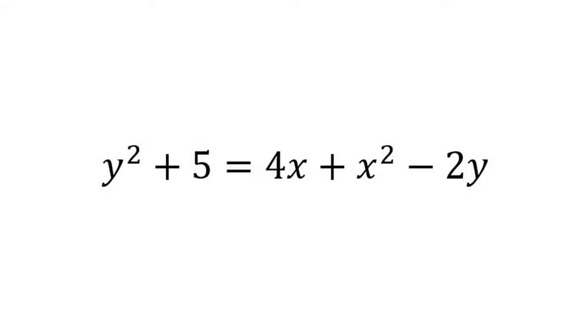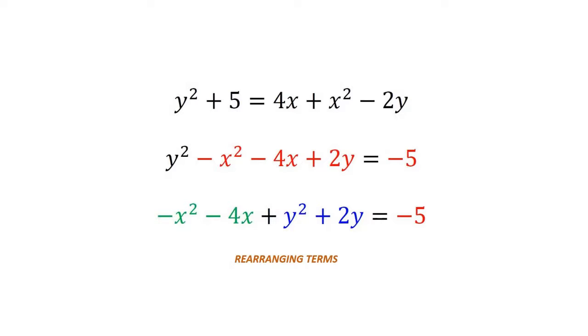And now we're ready to move on to our final example. And here it is. A little bit more rearrangement this time to get the terms in the right order and on the right sides and so forth.